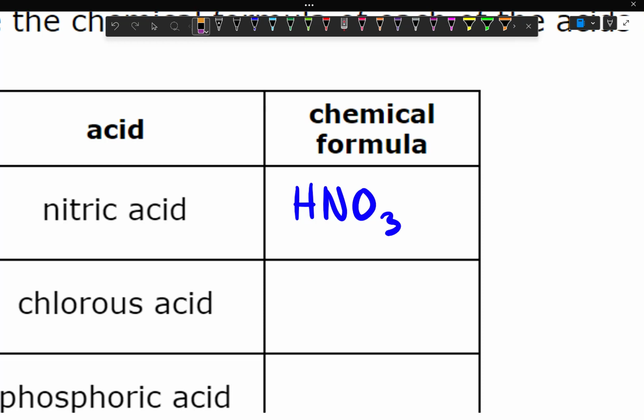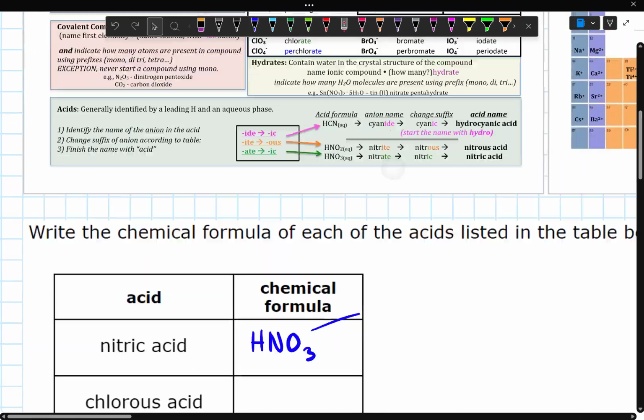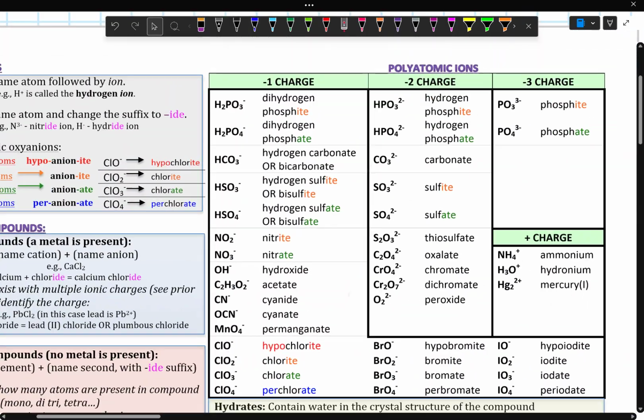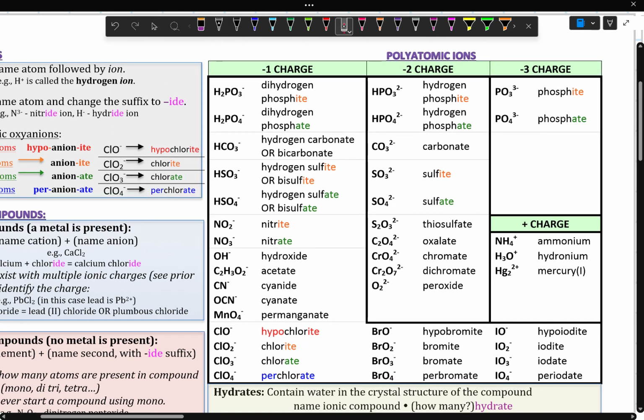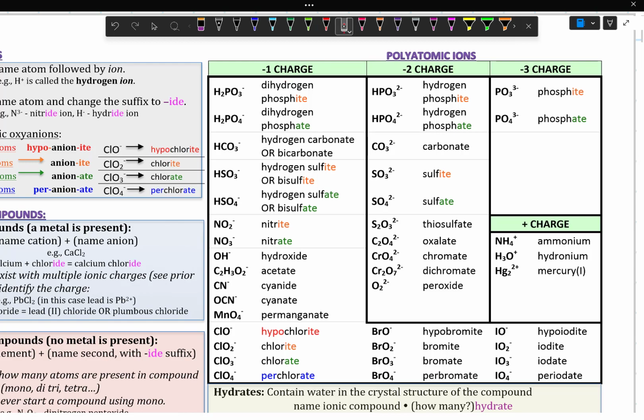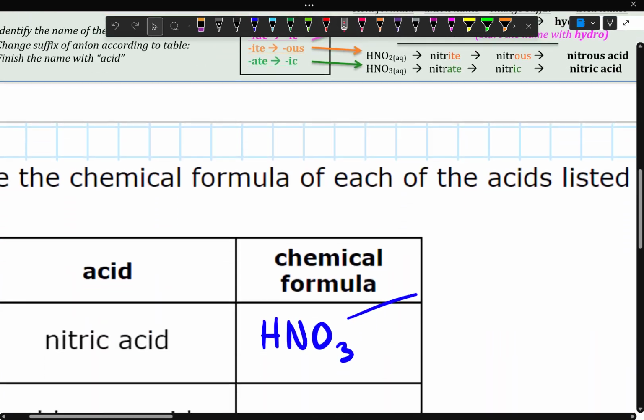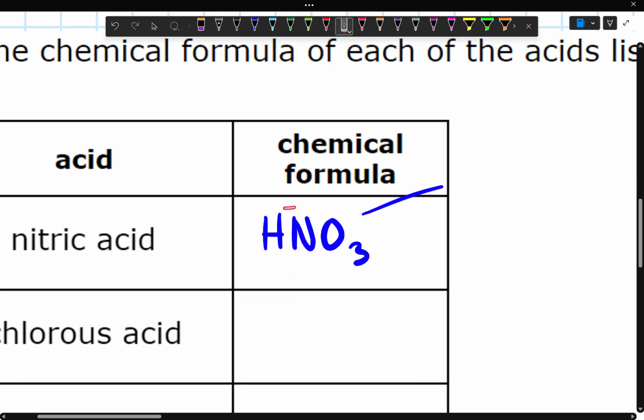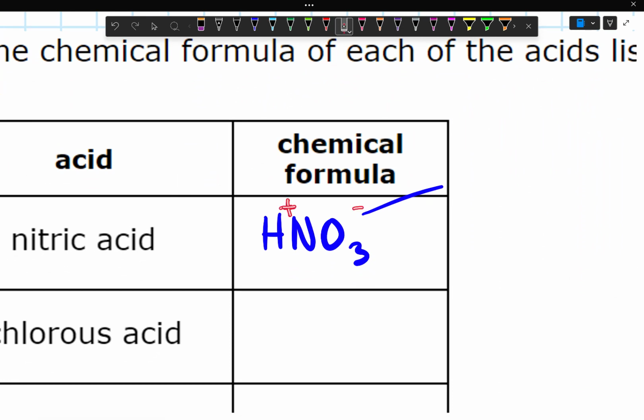In this case, if we check our charges, nitrate is a polyatomic ion with a -1 charge, and hydrogen always has a +1 charge. So we've got a +1 and a -1, which means they cancel out, everything's fine, and this is our answer.